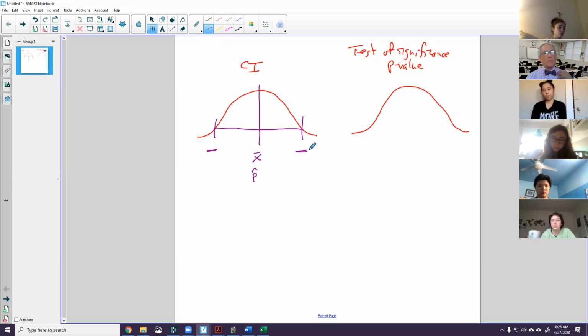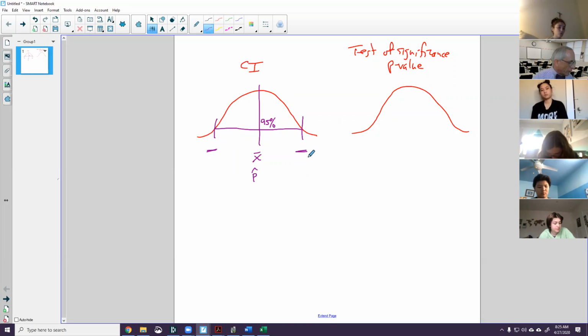Based on my statistic, can I determine an upper limit and a lower limit, an interval for where I can have a degree of confidence? In this case, I'll make this 95. I want to be 95% positive that the actual population parameter lies between these two numbers.